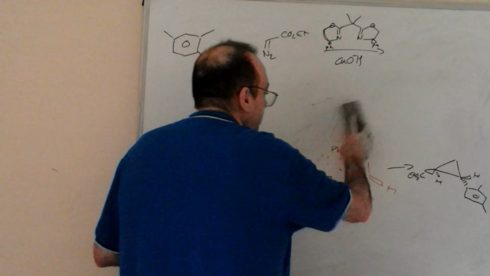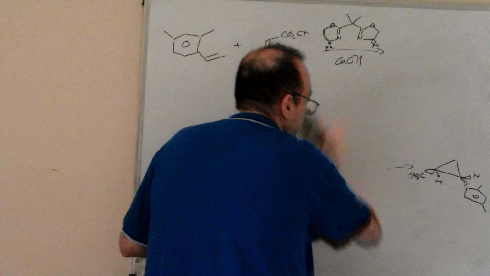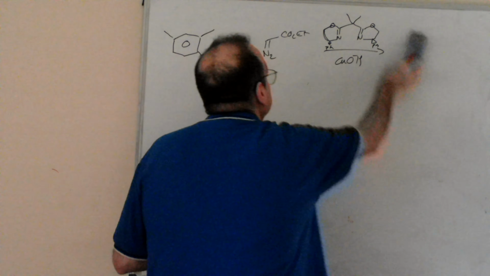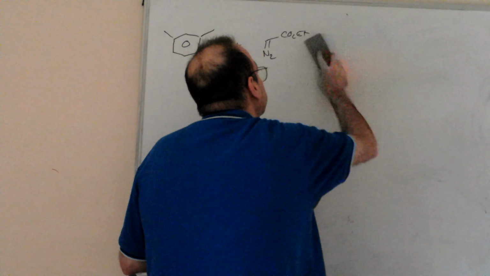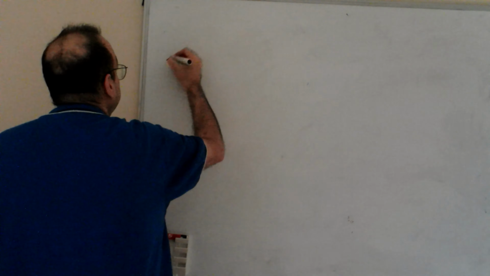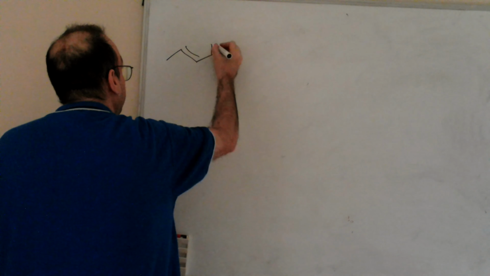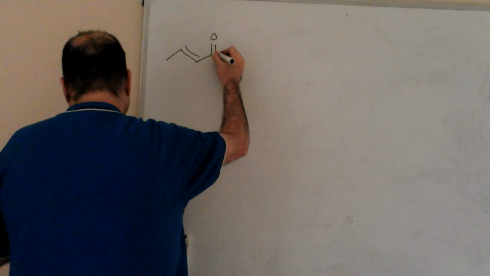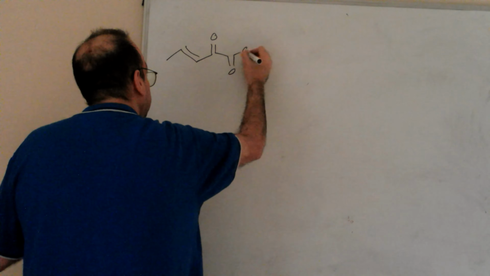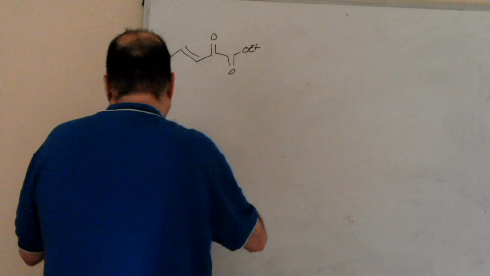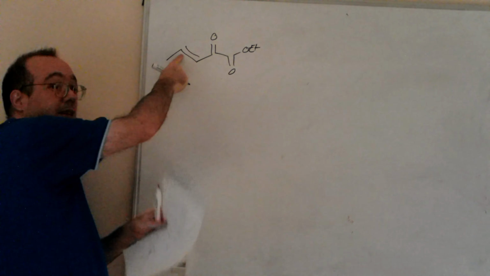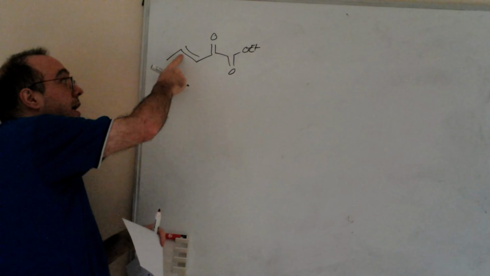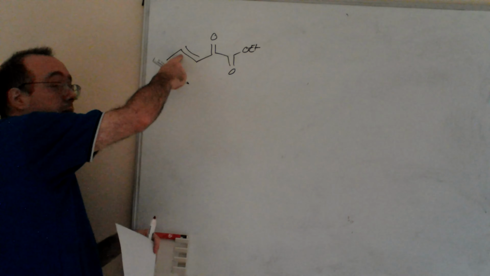We go for the second one. The second one basically is, we have this compound. This position is electrophile. It's a Michael position.